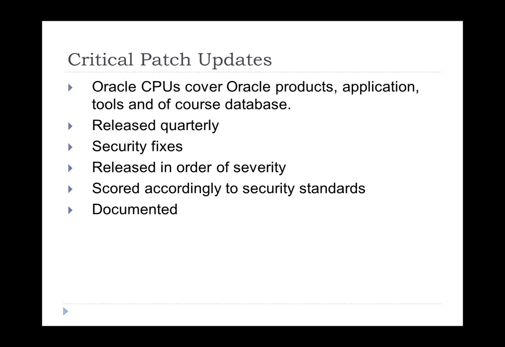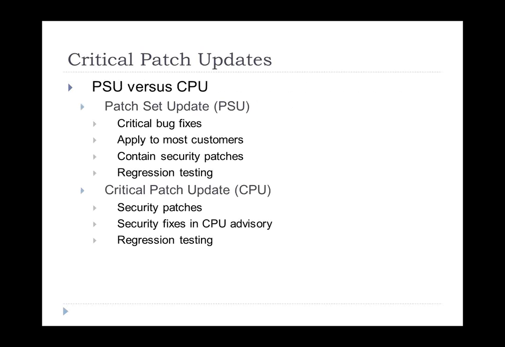Again, in installing Oracle databases, you definitely want to install the components that you need and are going to use, because when it comes to critical patch updates or patch set updates, you may or may not fall in a higher risk category based on what you've actually installed.